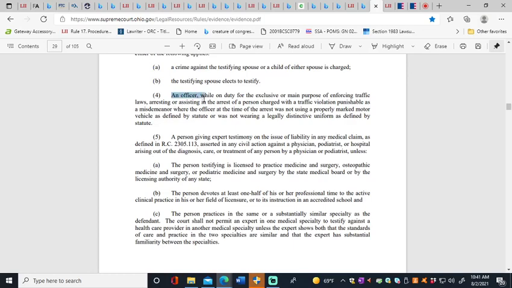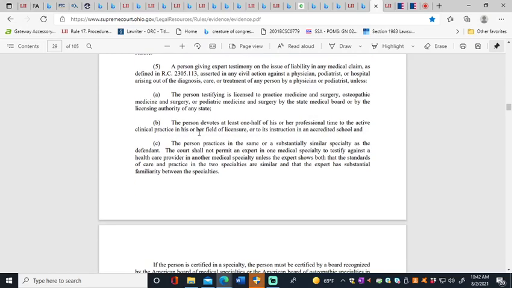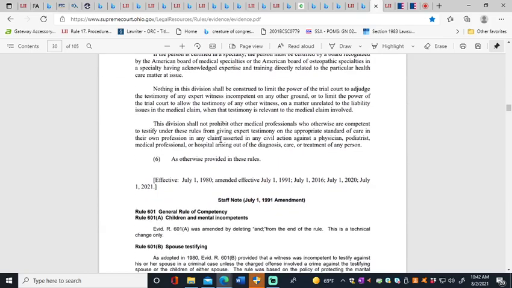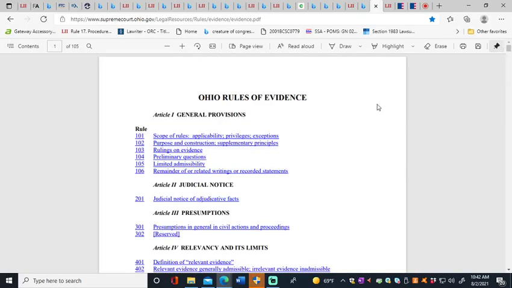An officer while on duty for the exclusive or main purpose of enforcing traffic. A person giving expert testimony. A person testifying with a license to practice medicine or surgery, or some type of medical practitioner. These are expert witnesses. I'm not going to go through every one, but I just want you to see, right?